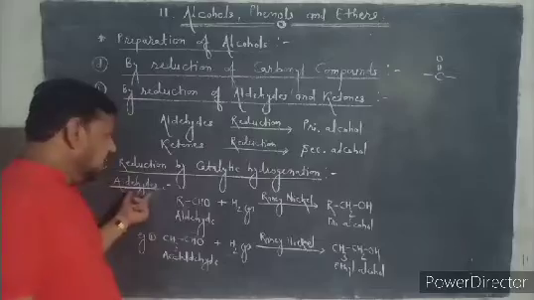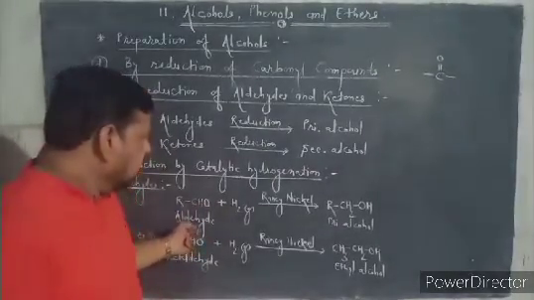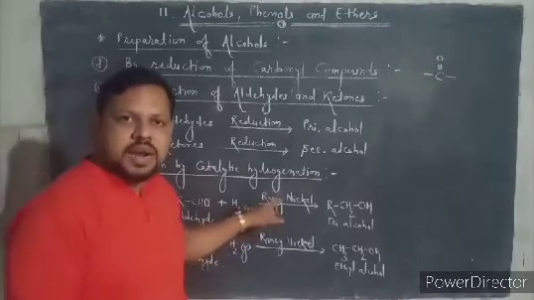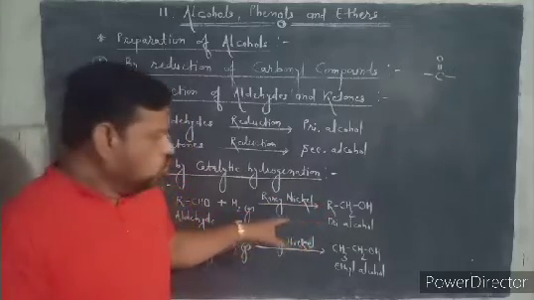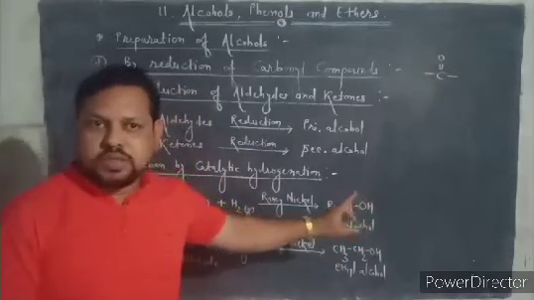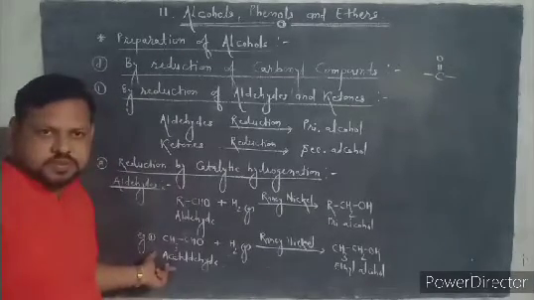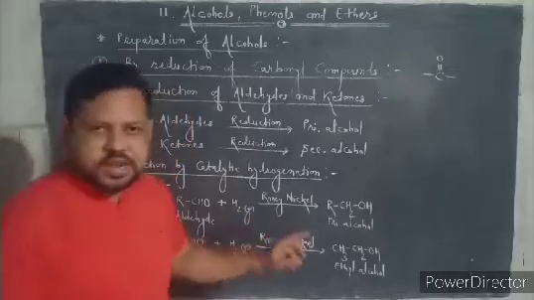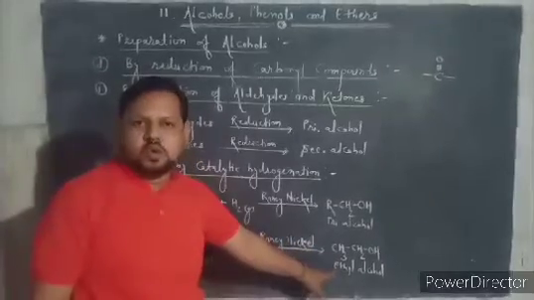See here, aldehydes, RCHO. Aldehydes react with hydrogen gas in presence of Raney nickel or platinum or palladium also. Then it gives the primary alcohol RCH2OH. For example, acetaldehyde CH3CHO reacts with hydrogen gas in presence of Raney nickel, then it gives ethyl alcohol.